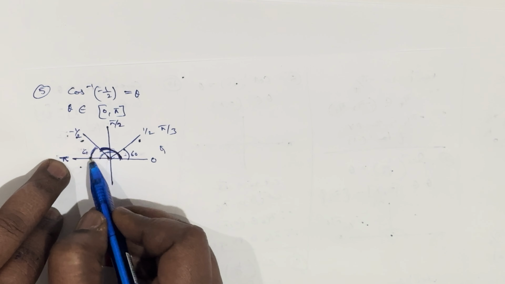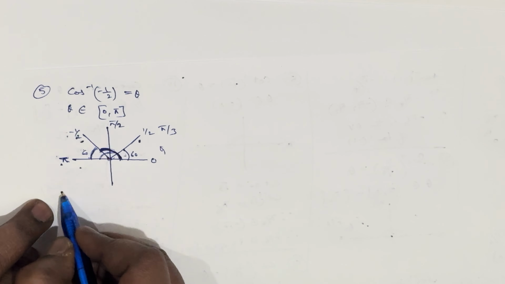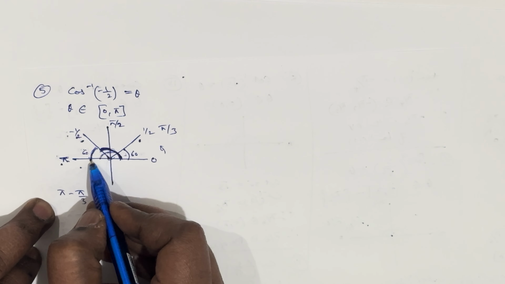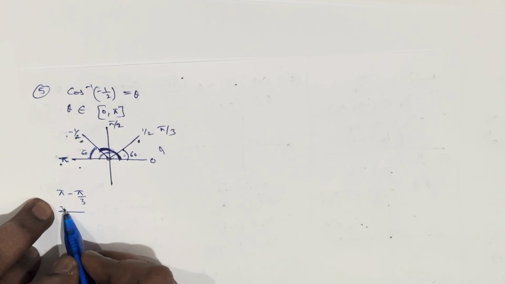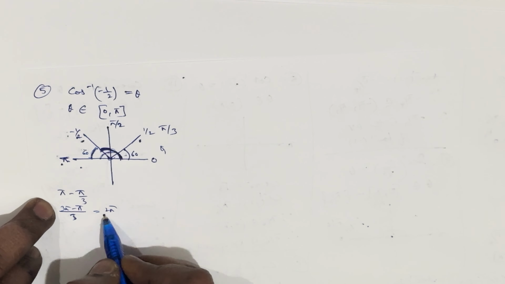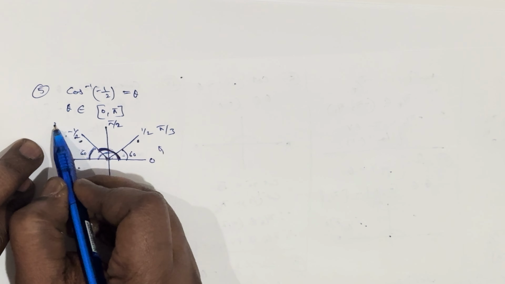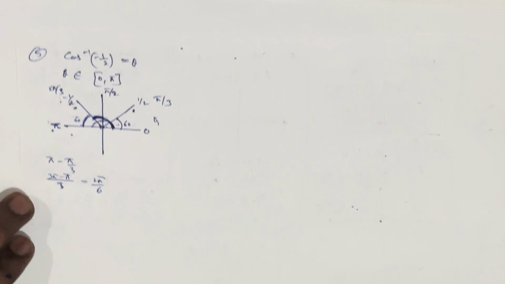So if you reduce pi by 3 from pi, you'll get the remaining angle. So pi minus pi by 3. If you take the LCM, it will be 3 pi minus pi by 3, which is equal to 2 pi by 3. So the angle where cos is negative 1 by 2 is 2 pi by 3.